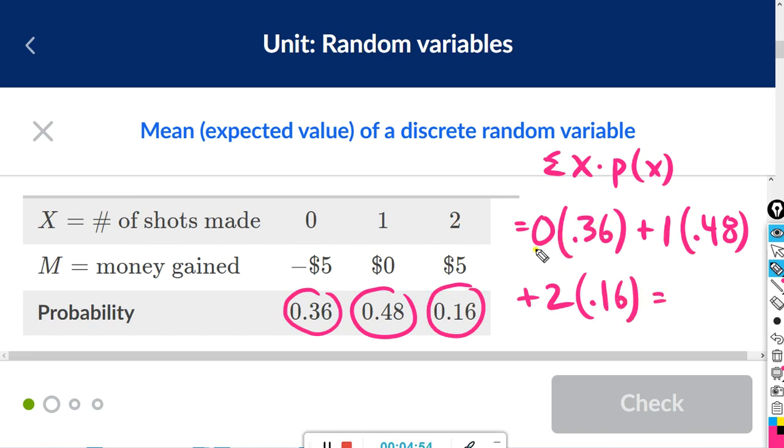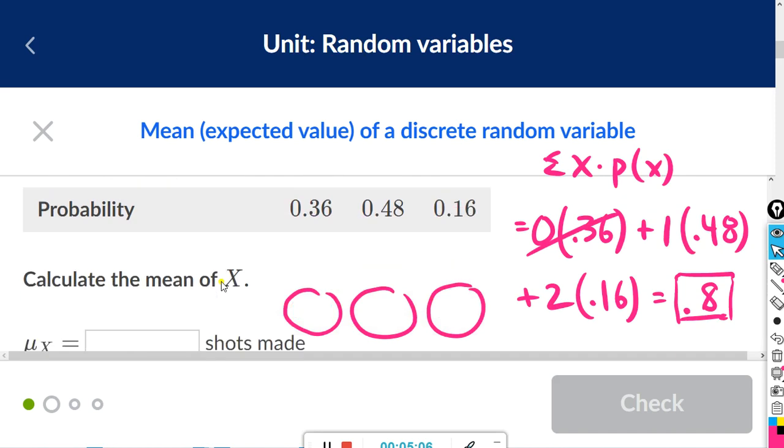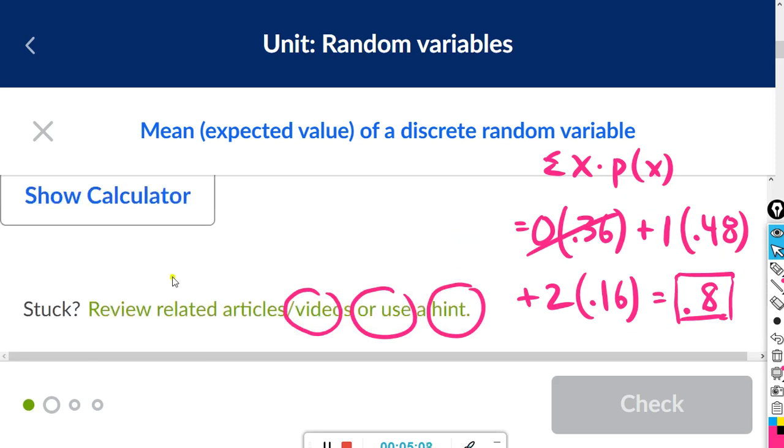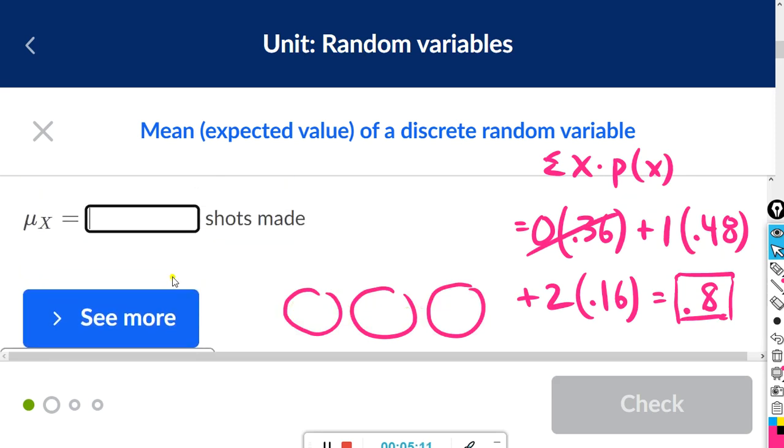We don't need to enter the 0 in the calculator, it's just 0. The rest I'm going to do on the calculator. On the calculator, I get 0.8. That's the average number of shots he'll make. So you can type 0.8 inside the box.